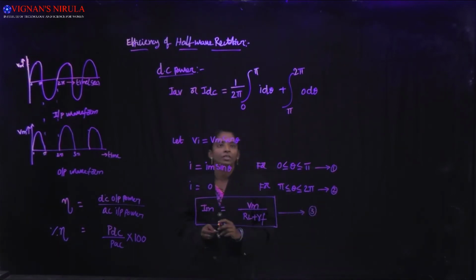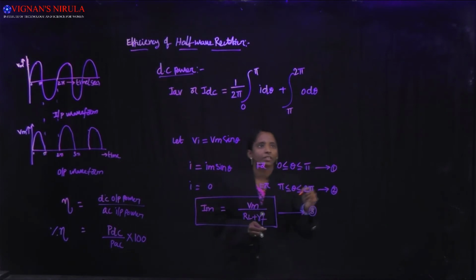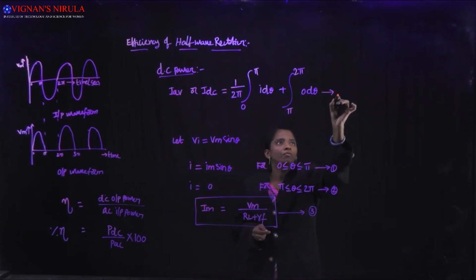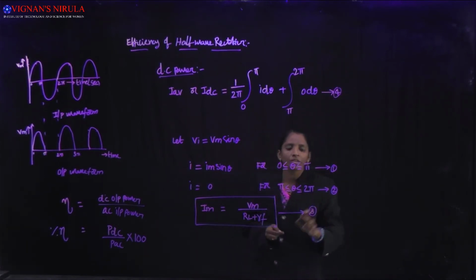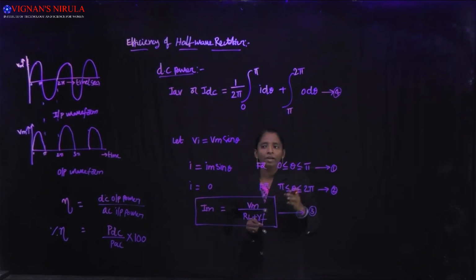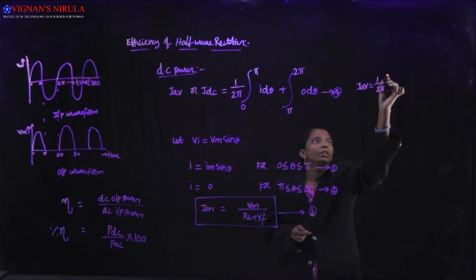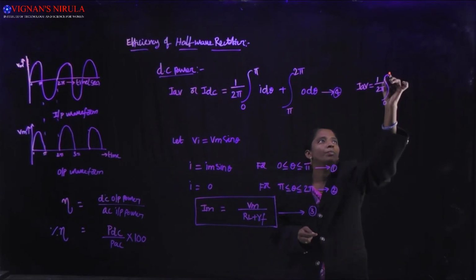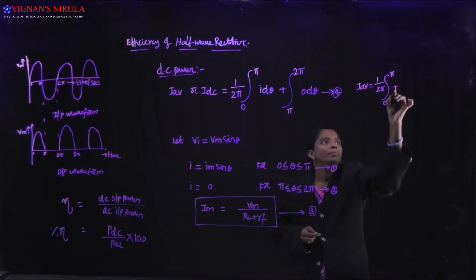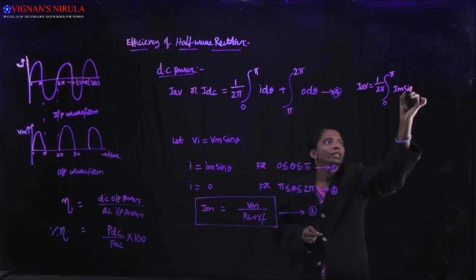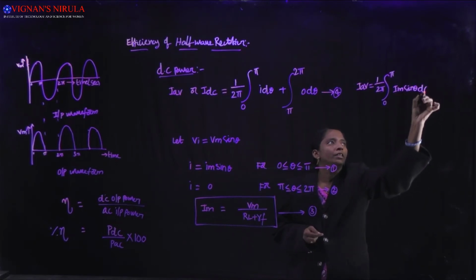Now substitute the value I equal to Im sin theta in the above equation. This is equation 4. Substituting the I value, we get I average equal to 1 by 2 pi integral 0 to pi Im sin theta d theta.